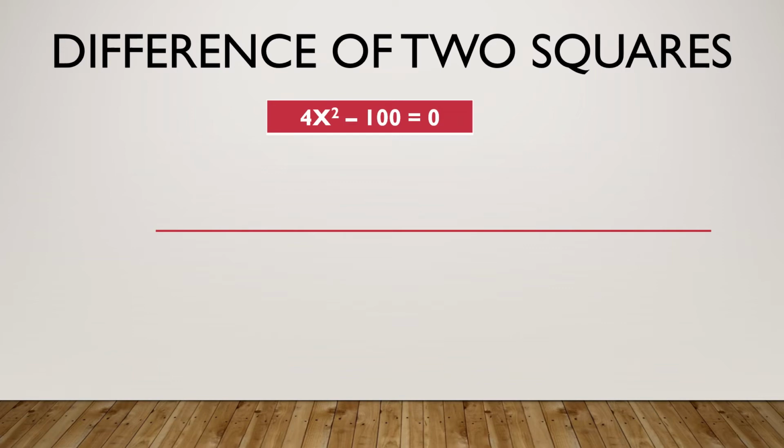Remember that the square root of 4 is 2, the square root of x squared is x, and the square root of 100 is 10. So you have 2x plus 10, then the other factor would be 2x minus 10. Actually they are the same. The difference is only the sign. The first factor takes the positive sign, the second factor takes the negative sign.